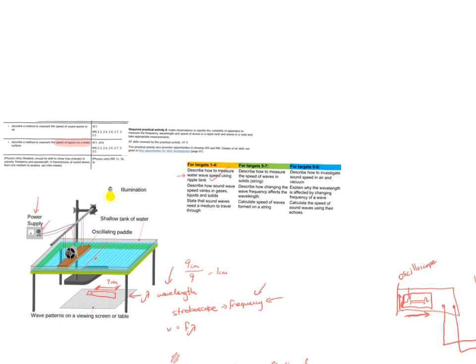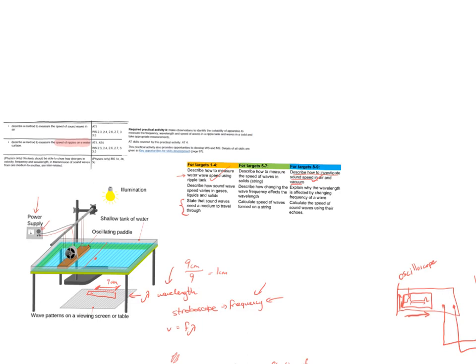So we discussed how to measure the speed of sound in air. So that's one part here, describe how to investigate the speed of sound in air. Now, how can you do that in vacuum? Well, that goes back to this point here as well, where you have to state that sound waves need a medium to travel through.